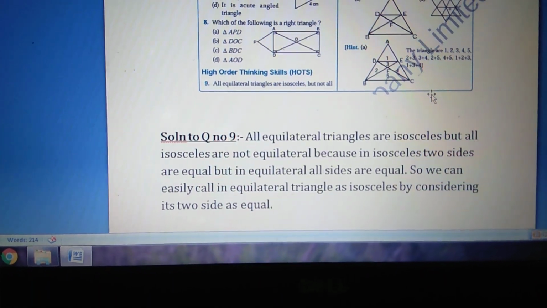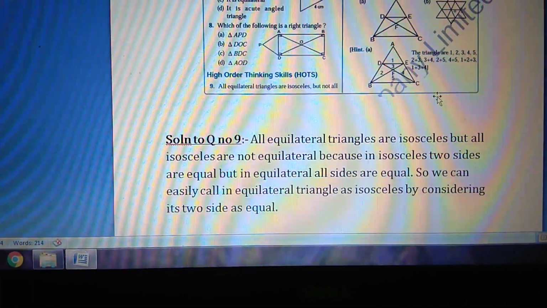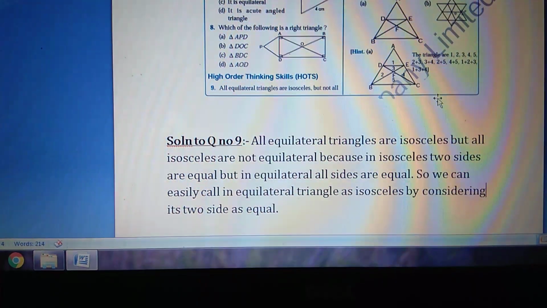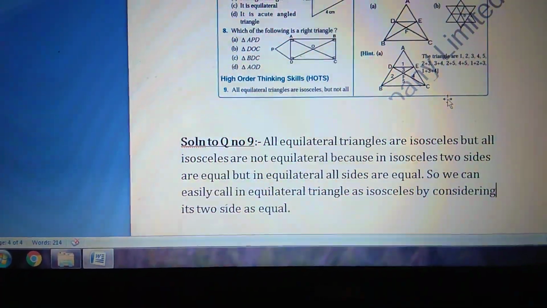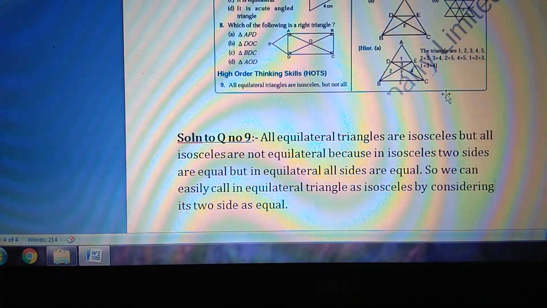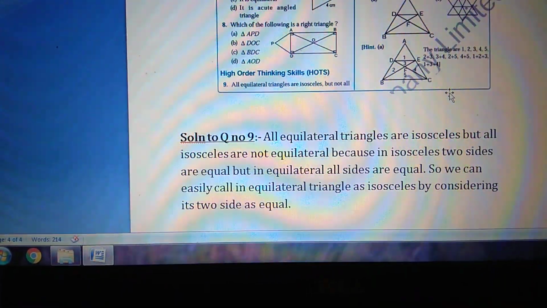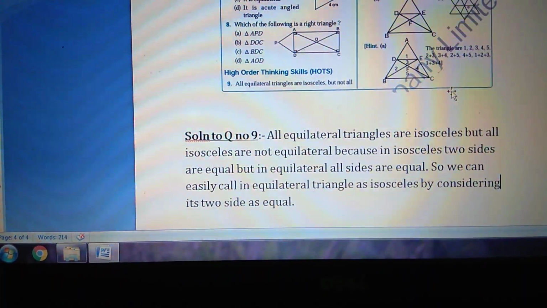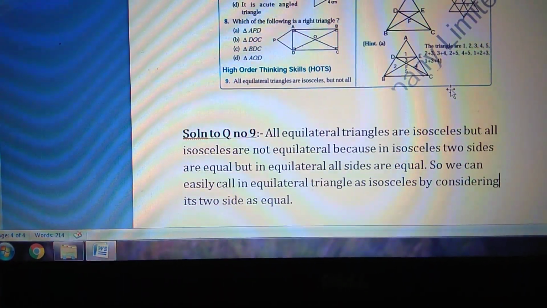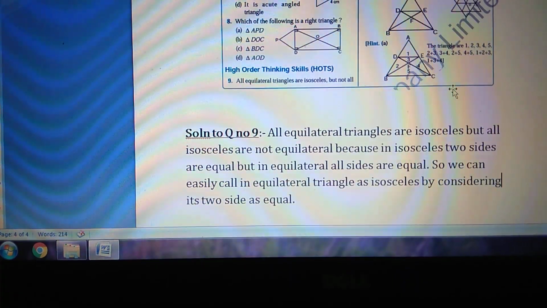Now see question number 9. What is told? All equilateral triangles are isosceles, but not all isosceles triangles are equilateral. Why? Because in an isosceles triangle, two sides are equal, but in an equilateral triangle, all sides are equal.